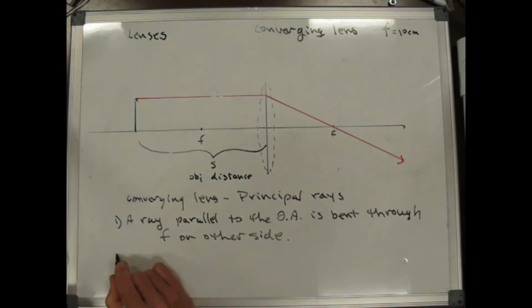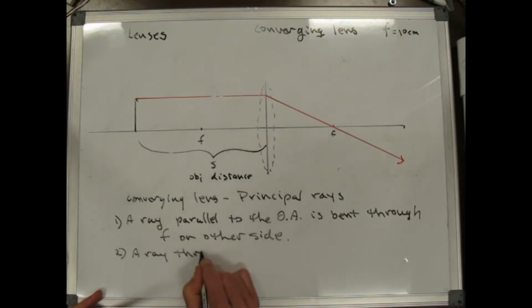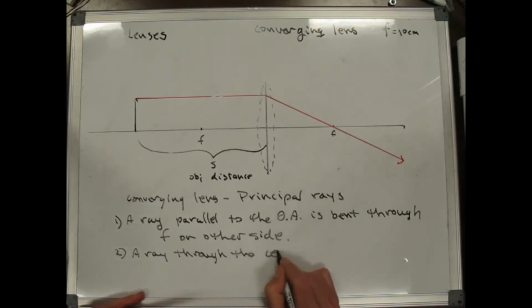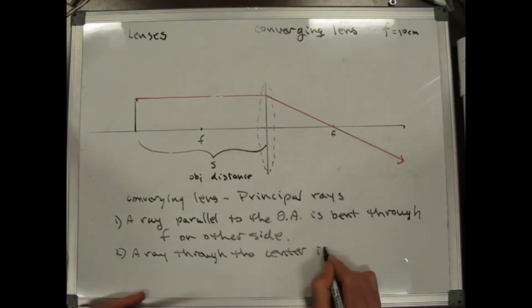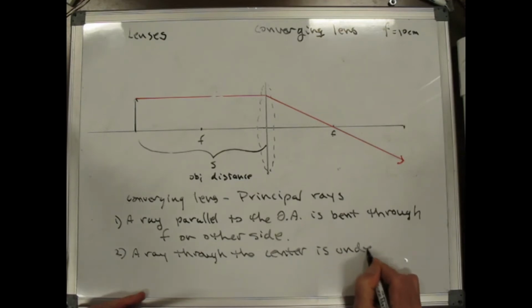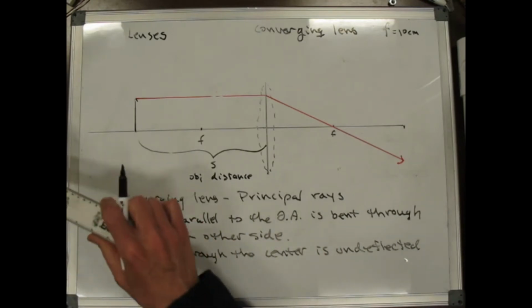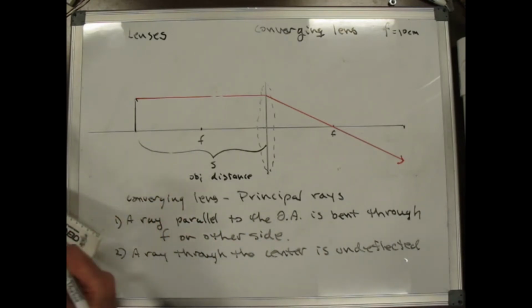The second principal ray, number 2: a ray through the center is undeflected, and I may have to make a couple of marks to get this one right.